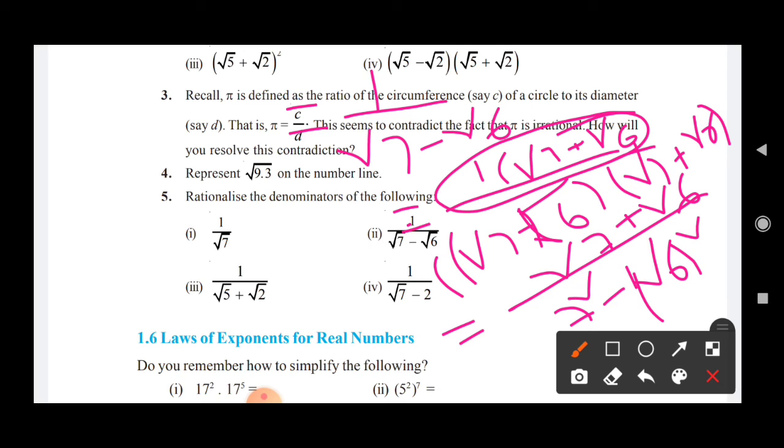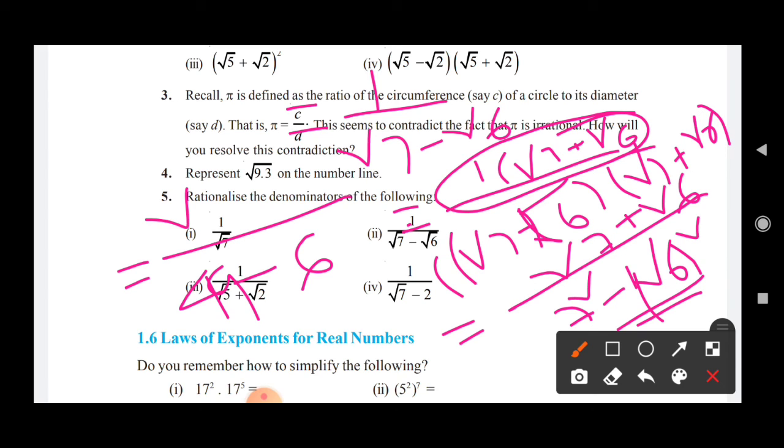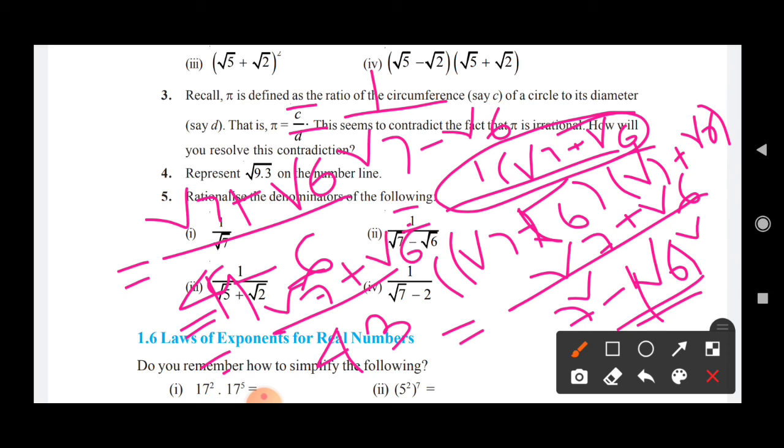So now this denominator will be 49 minus 6, and the numerator will remain the same. So now 49 minus 6, you will have 43, which is a rational number, and the numerator will remain the same.